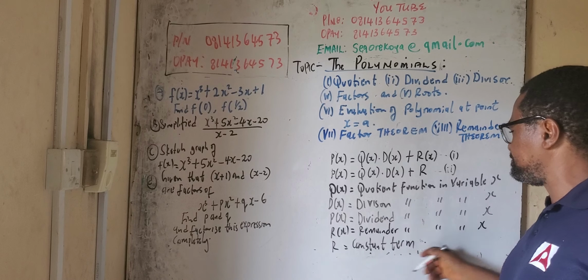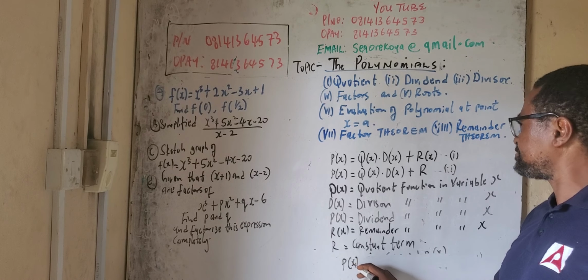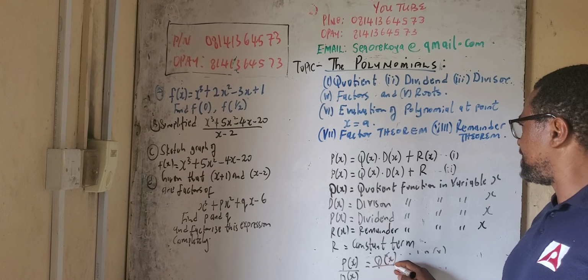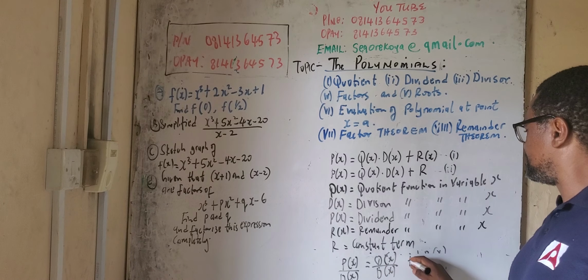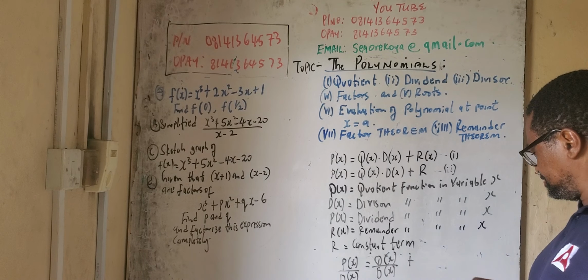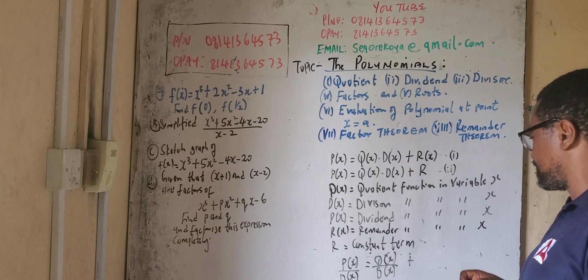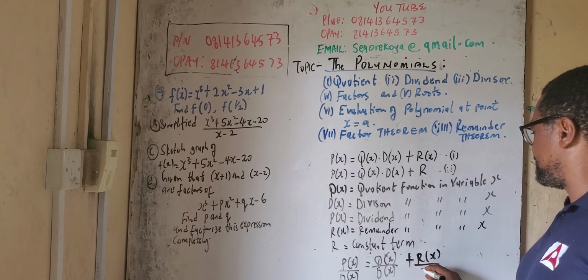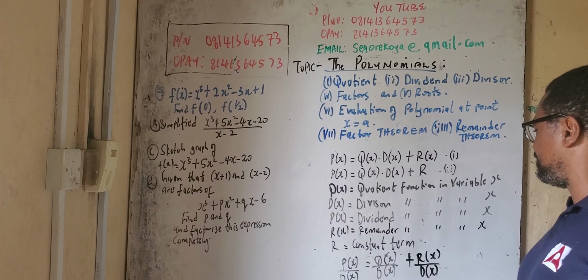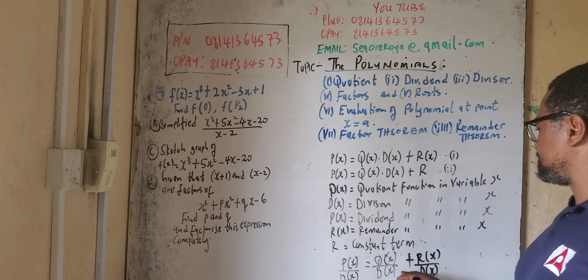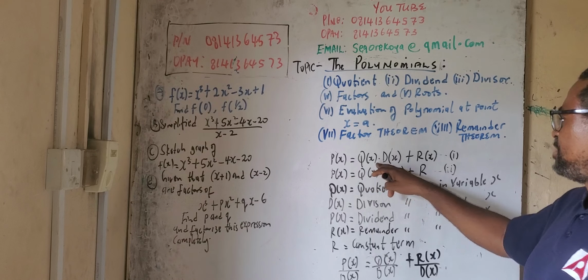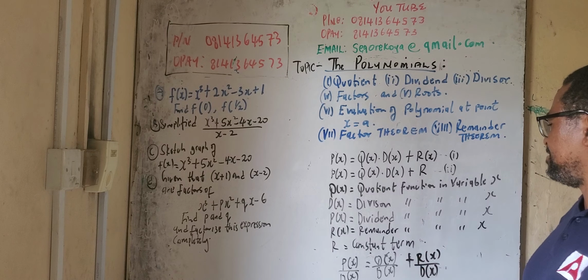So I have p of x divided by the divisor function of x is equal to q of x divided by the divisor function of x plus r of x divided by the divisor function of x. So that's what I'm supposed to have here. You divide through by the divisor function.